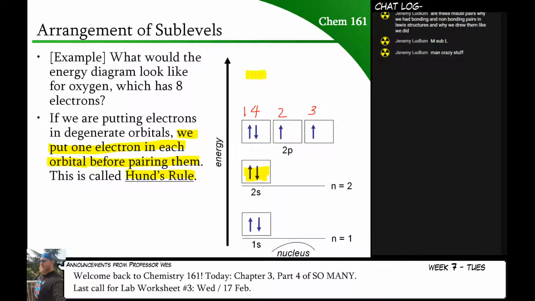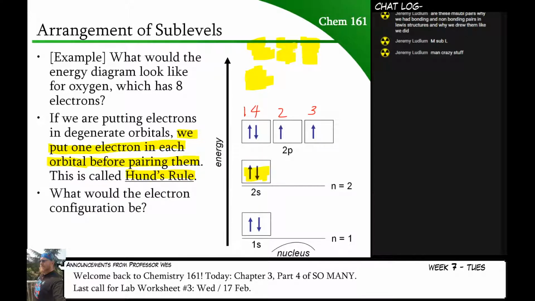So when we go up here to 3s, which would be in this box, I would put in 2 and pair them both. But then when we got up to 3p, we would do 1, 1, 1 again. And then when we get to 3d, you would go 1, 1, 1, 1, 1 before you start pairing them, just like before. Now, if I wanted to write the electron configuration for this, let's just write down where we put the electrons in the diagram.